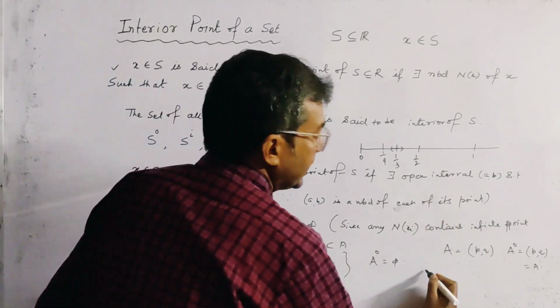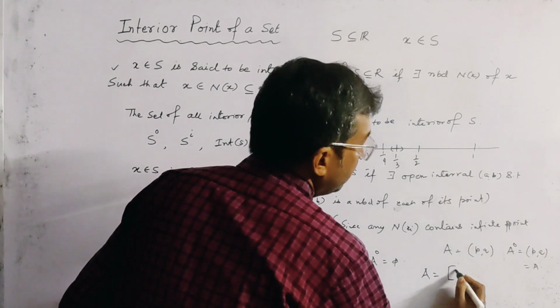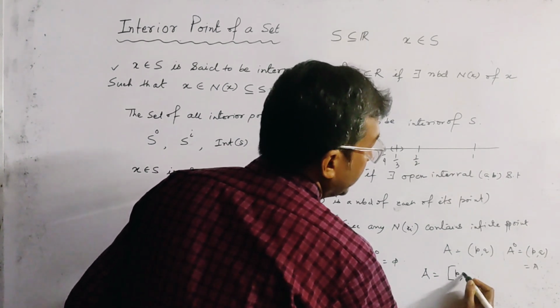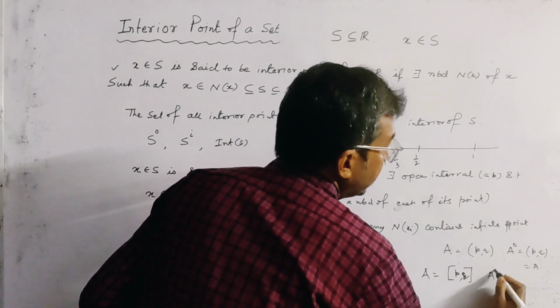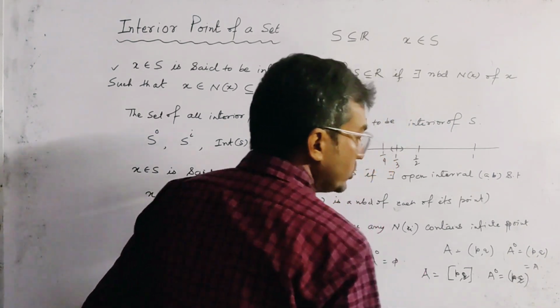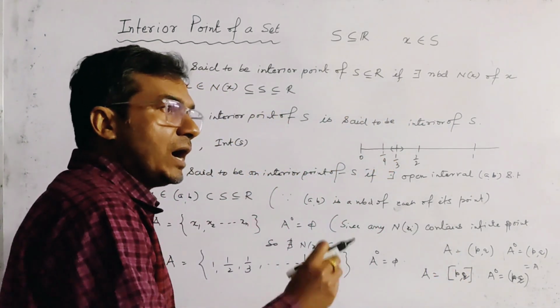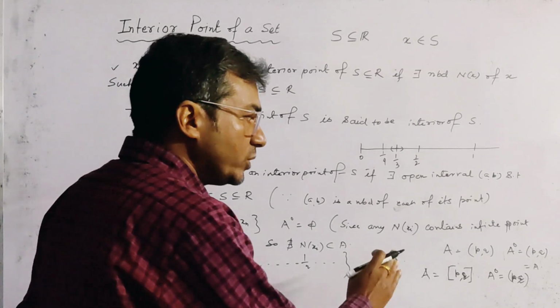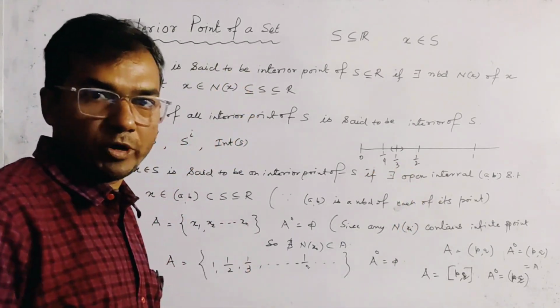But if we consider A equal to the closed interval [p, q], then the interior of A is the open interval (p, q), because p and q are not interior points, while all the other points are.